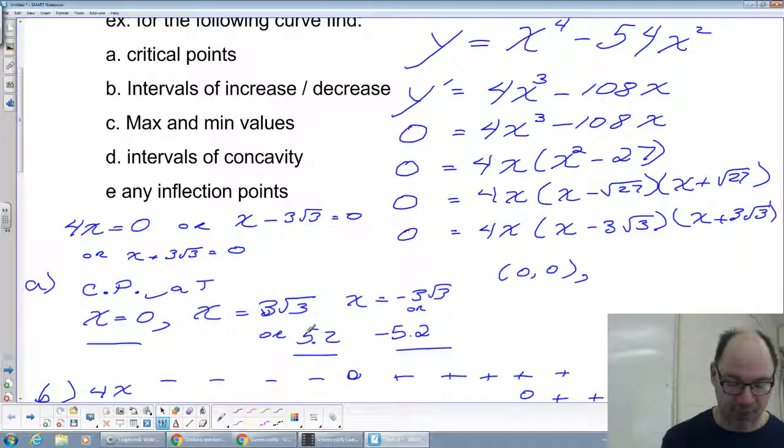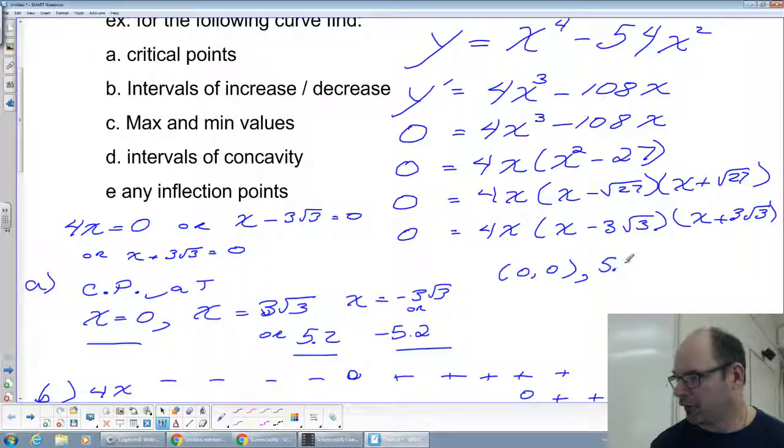Okay, I get about negative 729. So this one would be 5.2 and negative 729. It's not quite that, we're doing approximations.